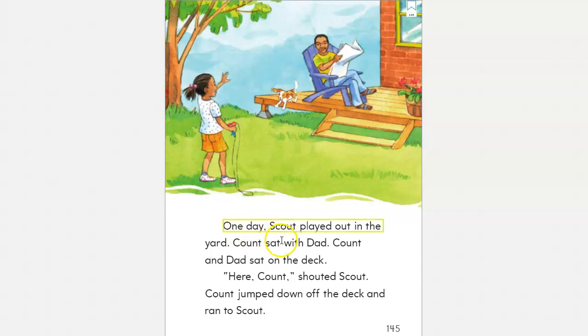One day, Scout played out in the yard. Count sat with Dad. Count and Dad sat on the deck. Here, Count, shouted Scout.